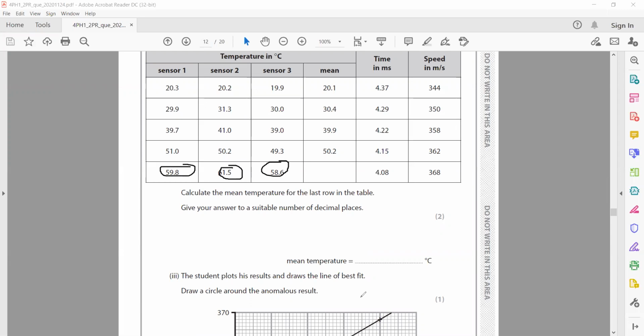But as you can see, all the values are 1 decimal place. So if we have 59.97, when we round it off to 3 significant figures, you can write 60.0.